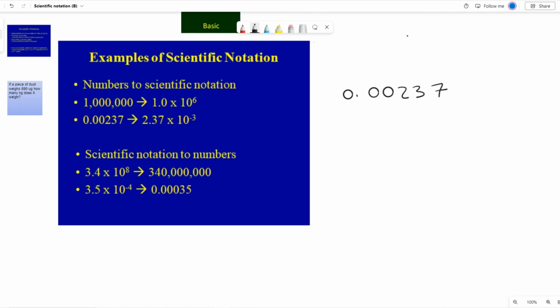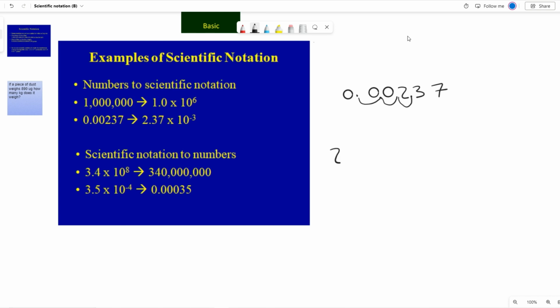All right, so now to convert this number into scientific notation, we're going to again start moving the decimal place until we have a number that's between the size of 1 and 10. So we move it one space, we're still not between the size of 1 and 10. Two spaces, we're not between the size of 1 and 10. If we move the decimal place 3 spots, we have 2.37. That is between the size of 1 and 10.